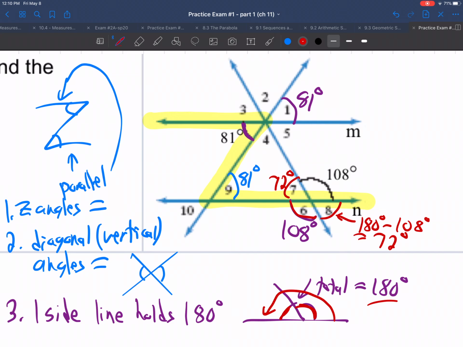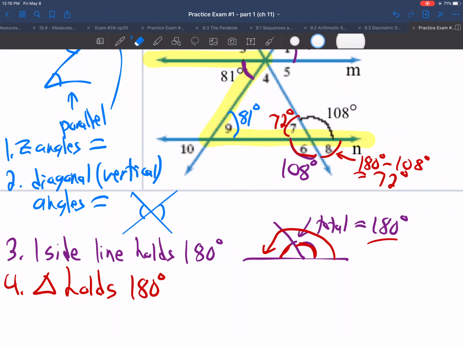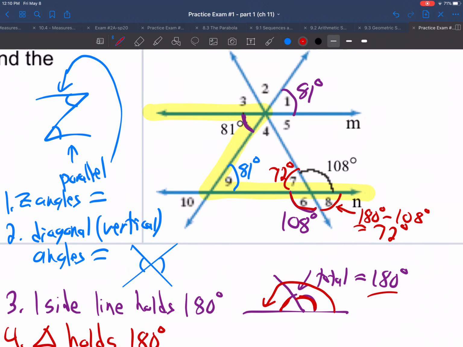Okay, and now I can get angle 4 because a triangle holds 180 degrees. So angle 4: we got 81 and 72, so 81 plus 72 equals 153 degrees.